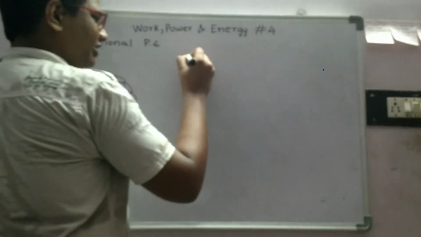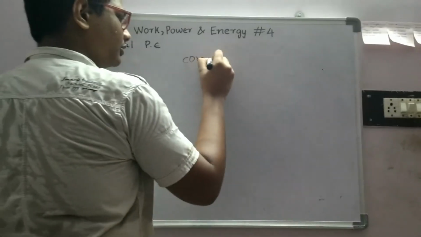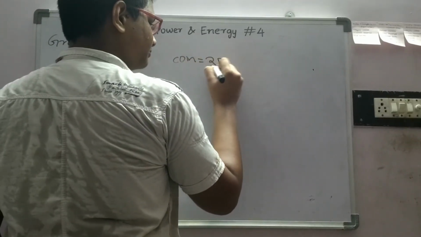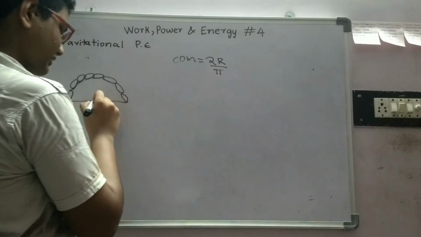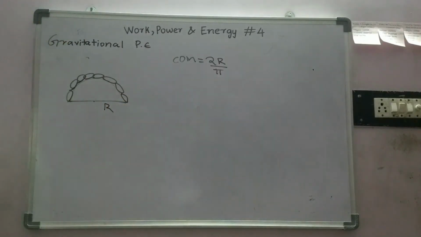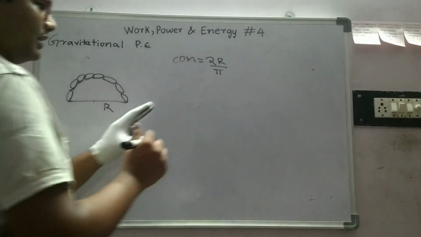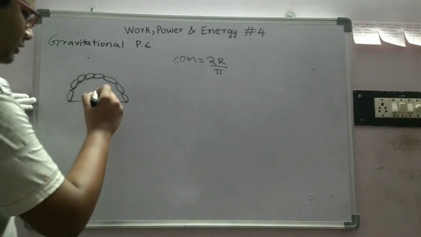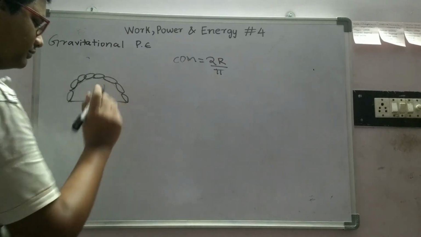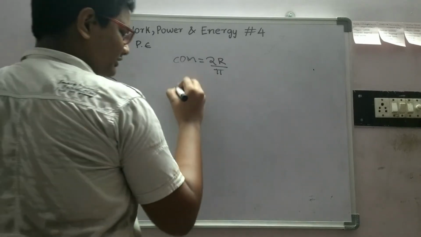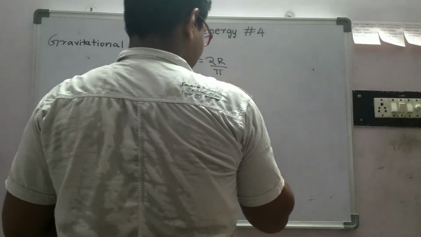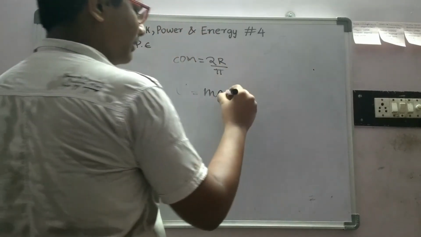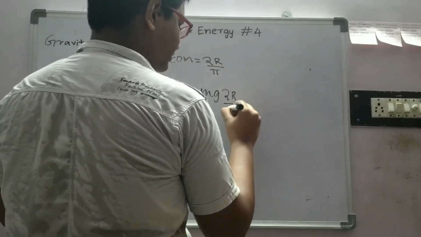I'll give you its center of mass is 2r by pi. Its radius is r. Now, its potential energy is simple. It is at a height 2r by pi from the ground. So its potential energy is nothing but mg 2r by pi. Simple, right?